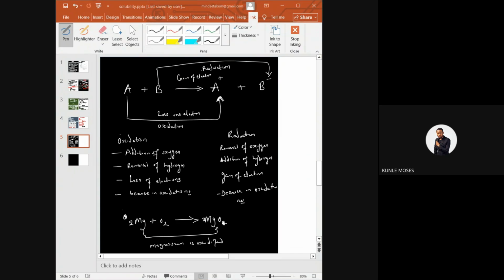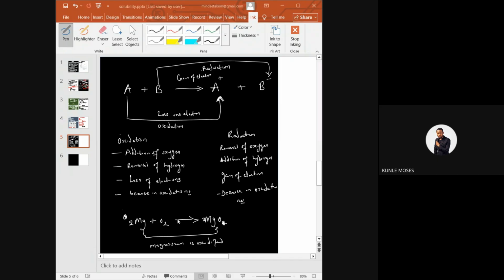These are just elementary oxidation and reduction. Magnesium has been oxidized because oxygen has been added to magnesium to give magnesium oxide. So that is what oxidation simply means.